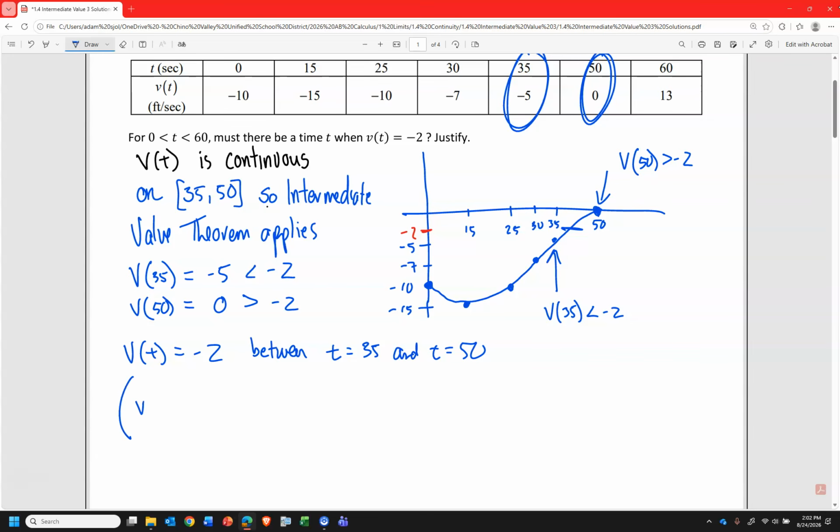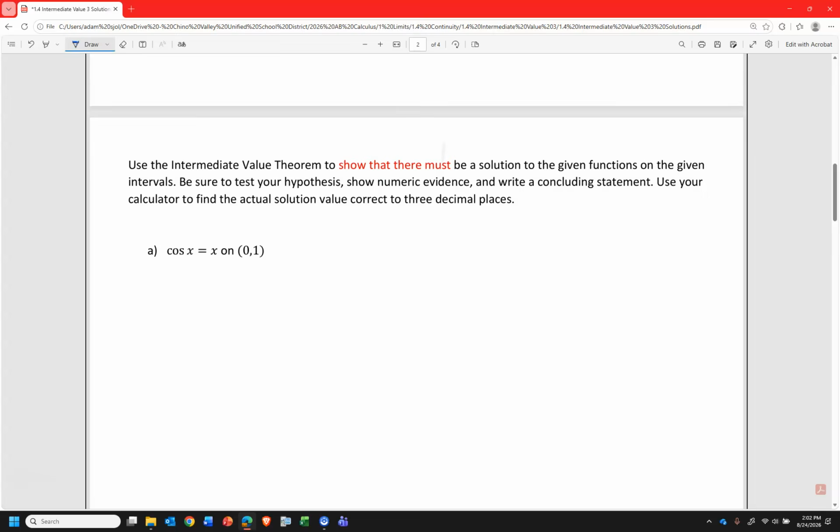Normally I would write v of t equals negative 2 on the open interval 35 to 50. Right? You could also write 35 is less than t is less than 50. I'm going to erase that last one. Okay, if that helps, try to do the next one without me, but if not, here we go.